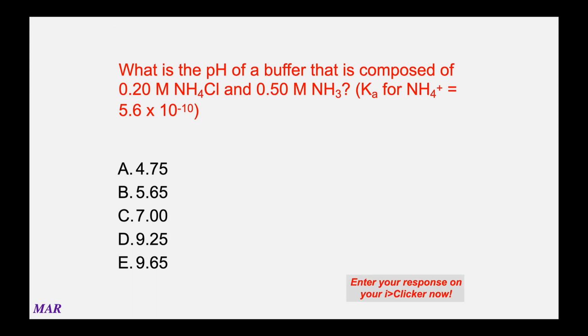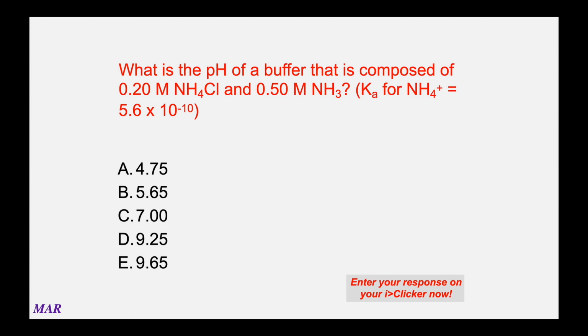This question is similar to the last question, but now you do have unequal quantities of ammonium and ammonia. We want to find the pH of this buffer. However, now we have ammonium at 0.20 moles per liter and ammonia at 0.950 moles per liter.